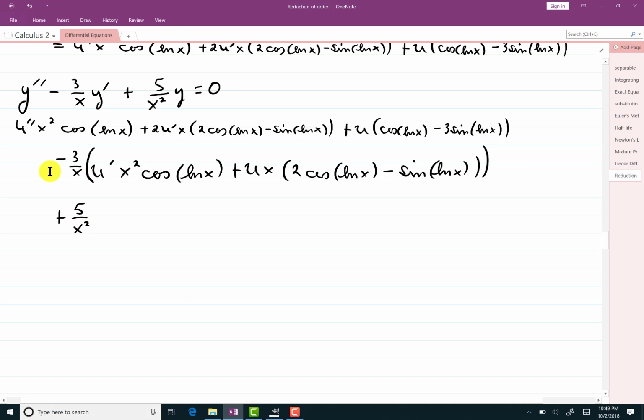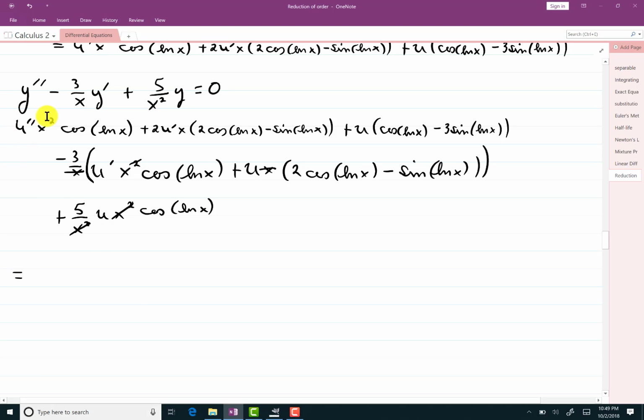Now y was equal to u times y1, which was x squared cosine of ln of x. And I'm going to do simplifying before anything else. For example, I'm going to take this x out with one of these and that one there. I'm going to take this x squared out. So we've got some simplifying that can happen. And then when I stack this up, I'm going to put my u prime x's underneath the u prime x's and whatnot. So let's go ahead and put all those there.